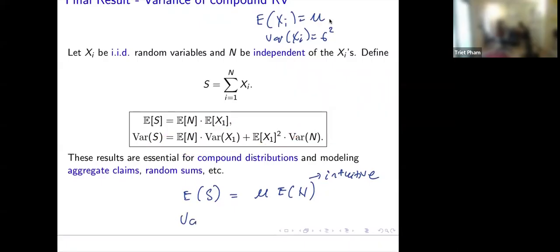People might say something like the variance of S is sigma squared times the variance of N, but that's totally wrong. It's not this term and it's not that term either.